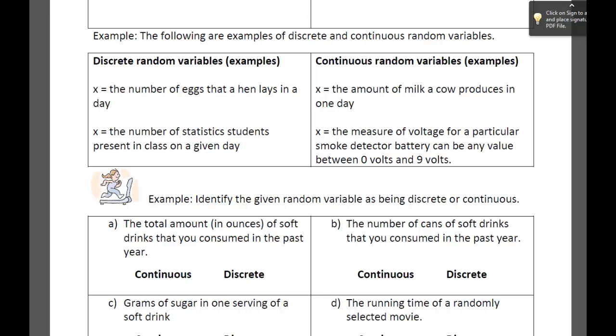Those are discrete. Okay, continuous, the amount of milk a cow produces in one day. That would be something that we measure. It could take on any value between 0 and however much the maximum value is. The measure of voltage for a particular smoke detector battery can be any value between 0 and 9. It doesn't have to be exactly 0, 1, 2, 3. It could be 5.6798, whatever.